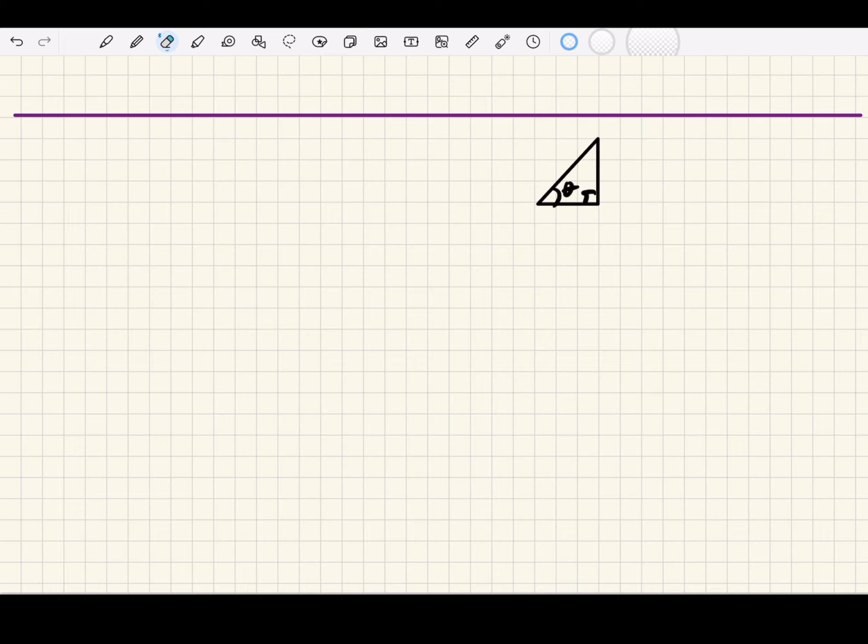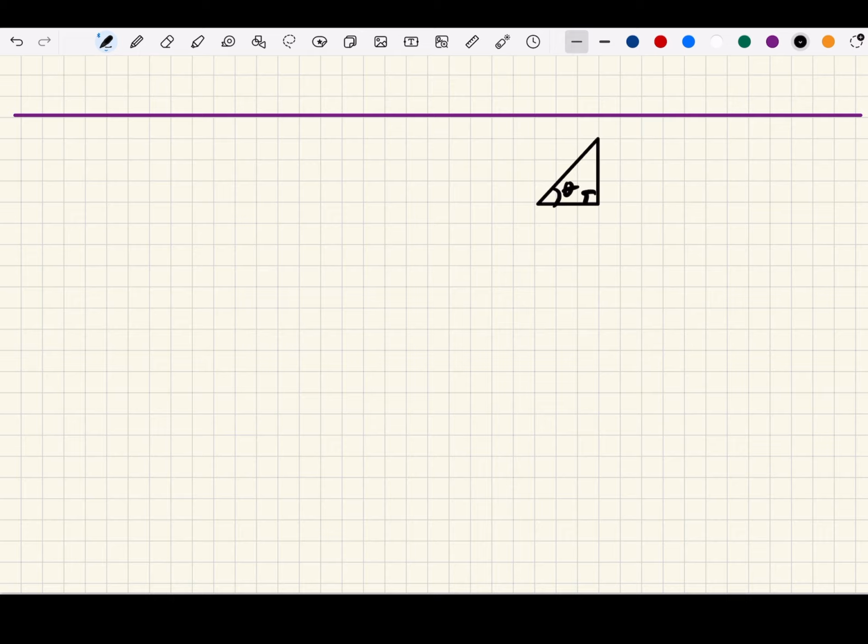The first one is I'm only going to work with functions, not the cofunctions. What does that mean? That means sine, tangent, secant. Not cosine, not cotangent, not cosecant. The other thing I'm going to remember is that every time I work with one of these, I'm going to have a specific form.